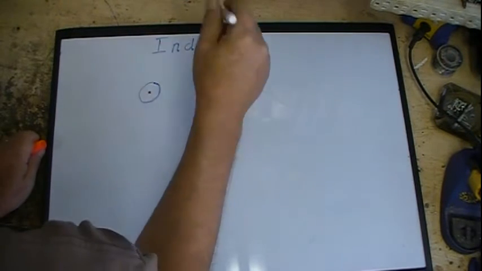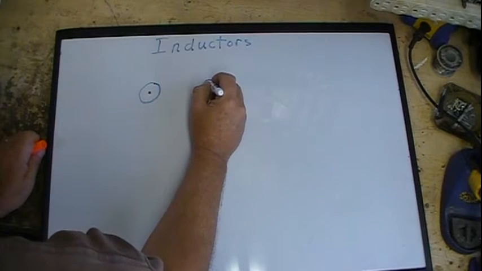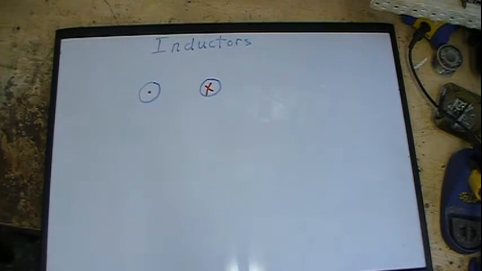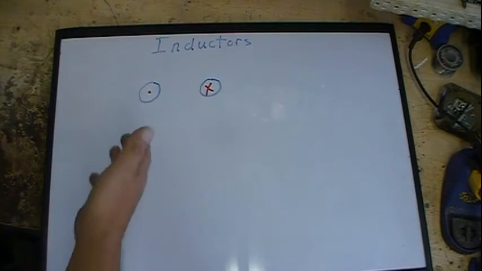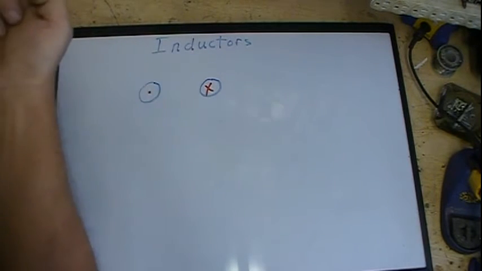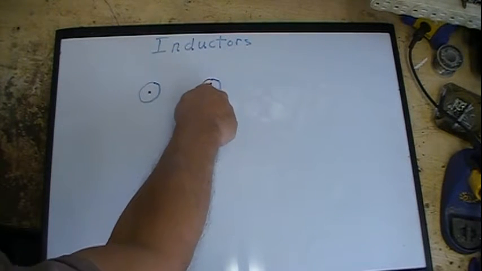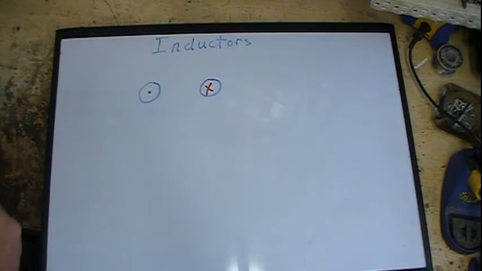So when the current is going in, we just use a cross. All that means is with the dot it's coming out, with the cross it's going in.